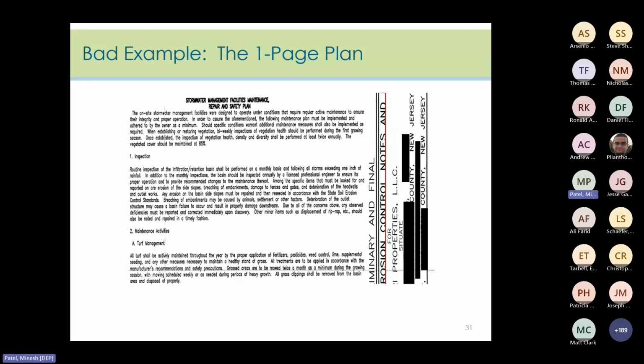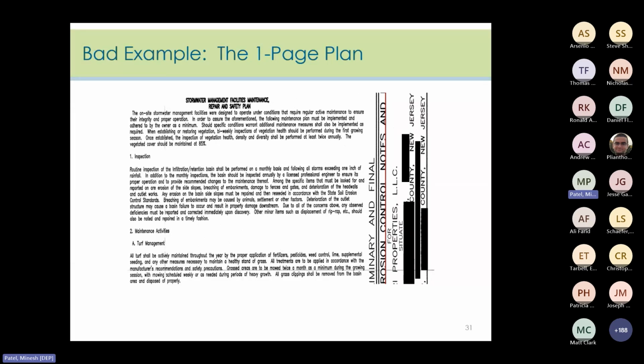Now, let's look at some bad examples of some plans. If the stormwater management plan consists of a single sheet or is part of a plan sheet, this is an automatic red flag for the reviewer. Remember, the rules require schedules of the various types of maintenance tasks, an equipment list, and cost information, along with a logbook to record the actions that are performed.